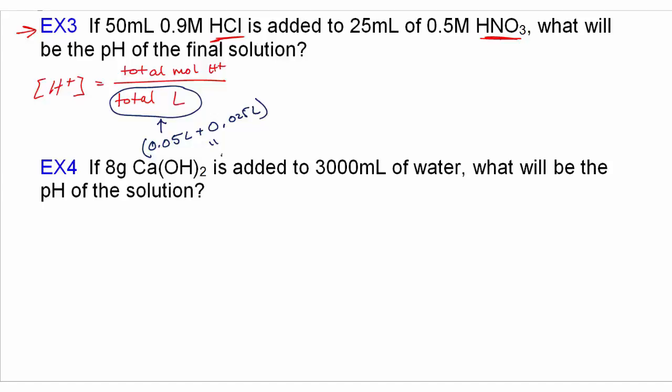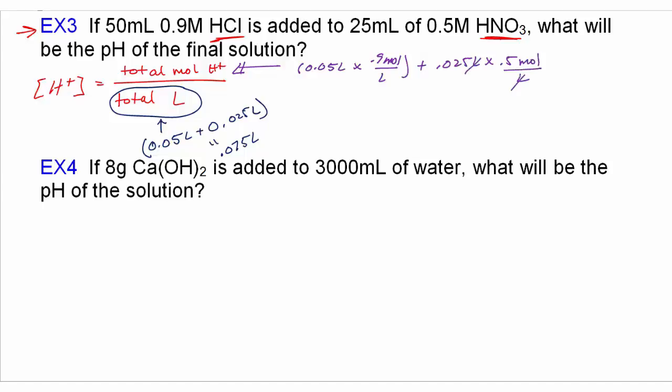My total volume will be 0.075 liters. How about my total hydrogen ion concentration? Let's see if we can figure that one out. So add up those moles. I'll have 0.05 liters times 0.9 moles of hydrogen ion in a liter plus 0.025 liters times 0.5 moles in a liter.